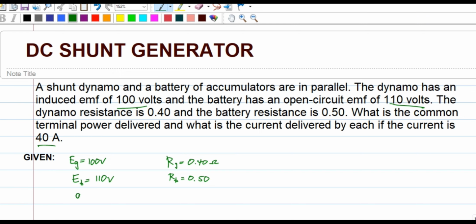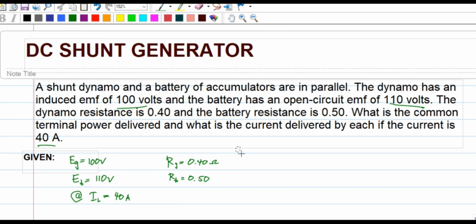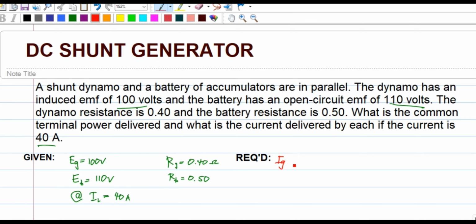Now, at the condition where the load current IL is 40 amperes, what are the required currents, IG and IB?